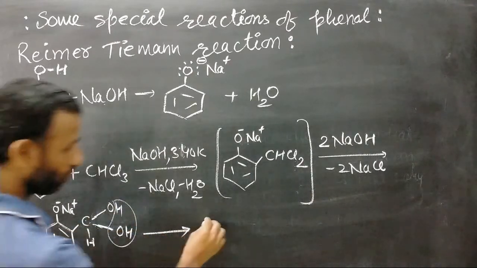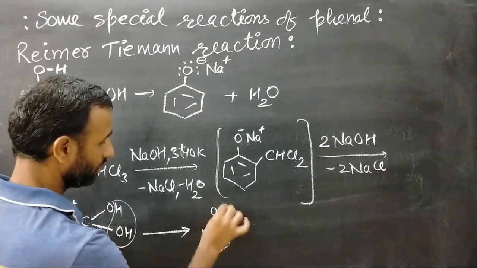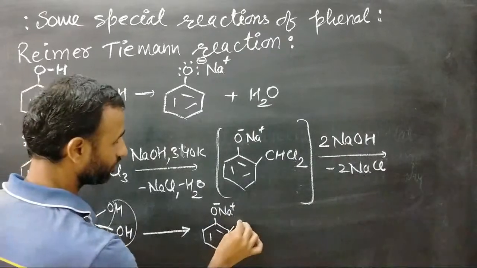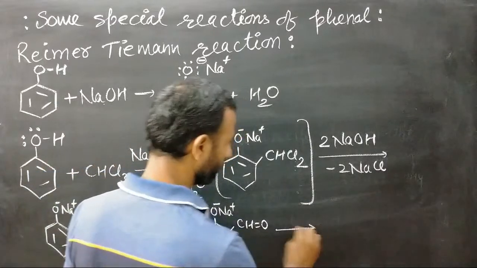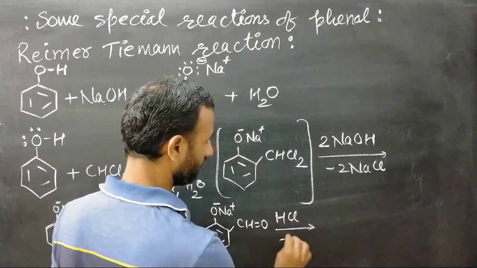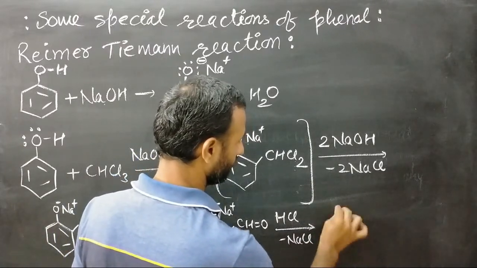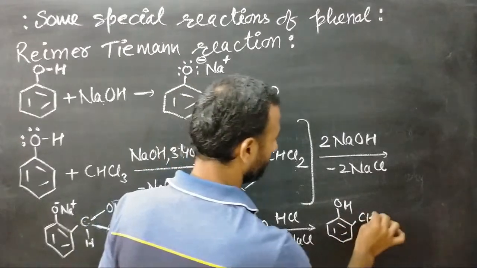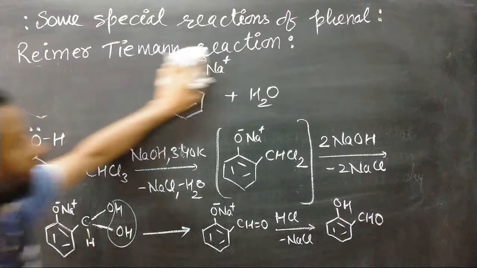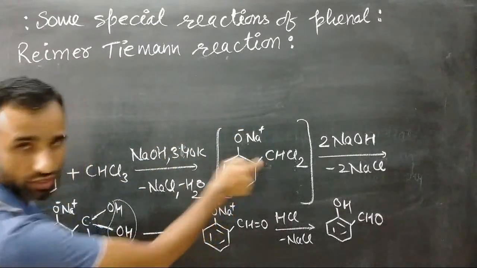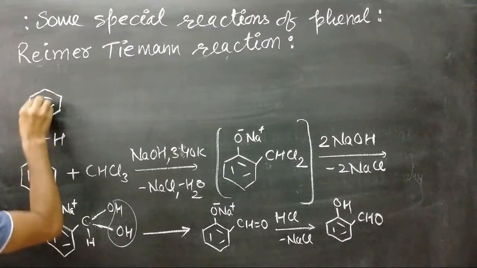So we get sodium salicylaldehyde, and on acidification with HCl, NaCl is removed, so we get salicylaldehyde. Now how do we approach up to this? So see, actually first of all we have phenol.